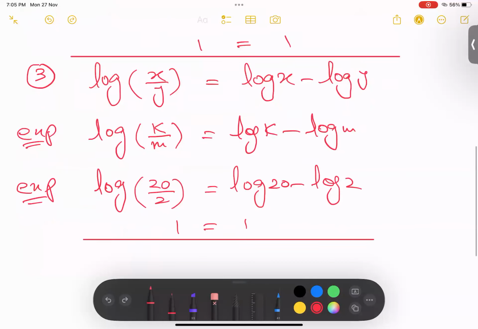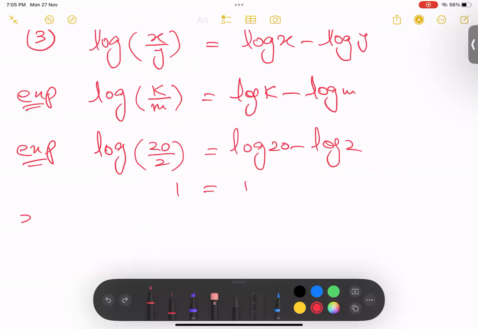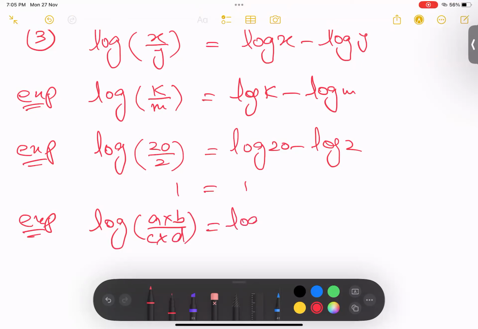Okay, I give one more example. A third example I want to help you with. If I have A times B over C times D, so this is clarity from here. I have two logarithms, but look here. Both are in the numerator, and these both are in the denominator. So with A and B, I've got a plus plus sign. With C and D, I've got a minus minus sign.